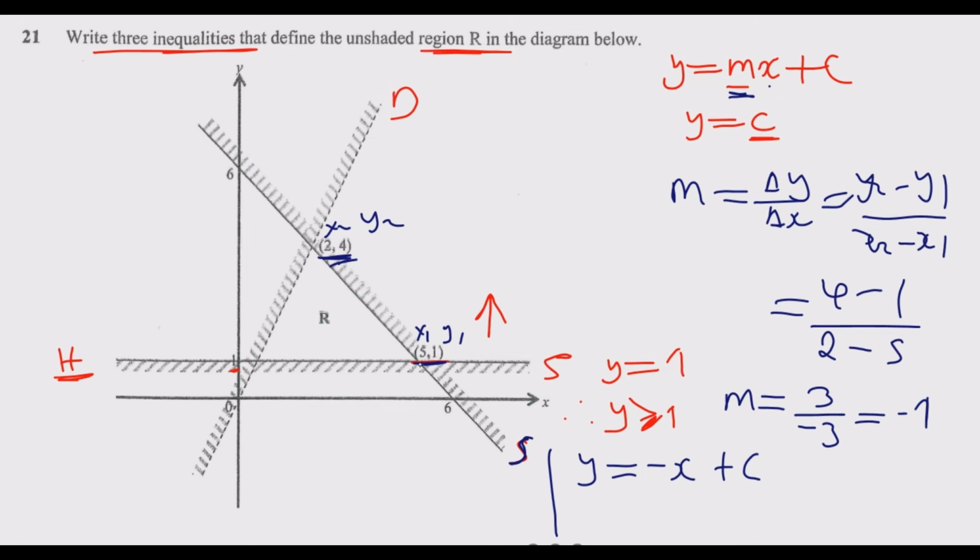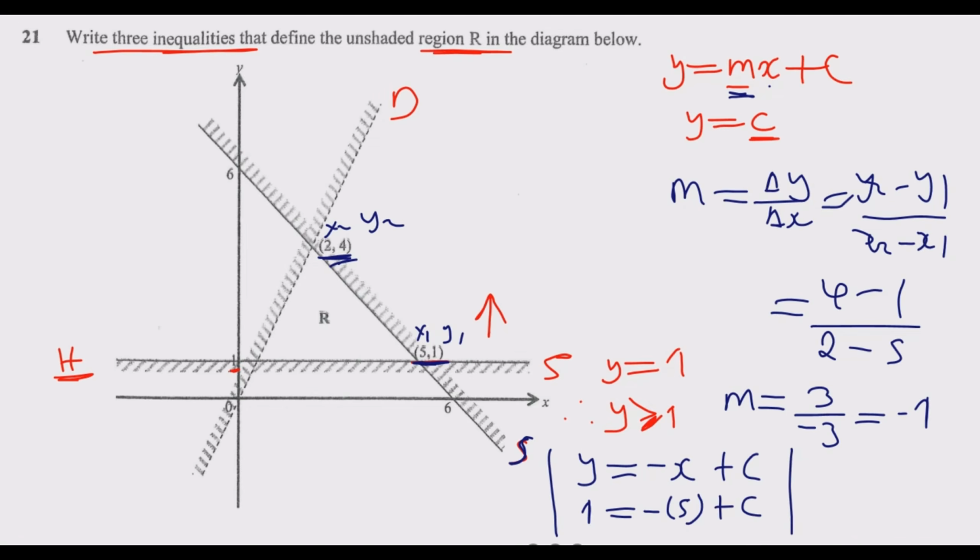You can pick this one or this one, the result will remain the same. Let me pick this one. We have y is equal to 1, so 1 is equal to minus x, where x is 5, so minus 5, plus c.